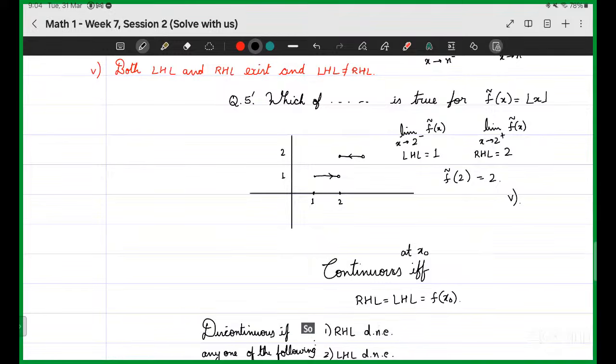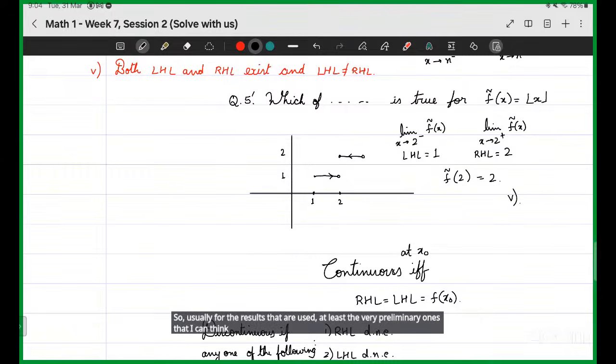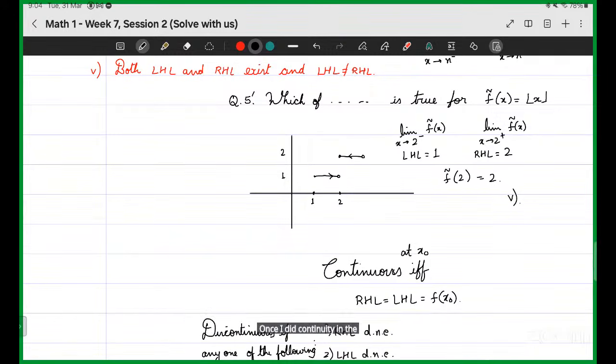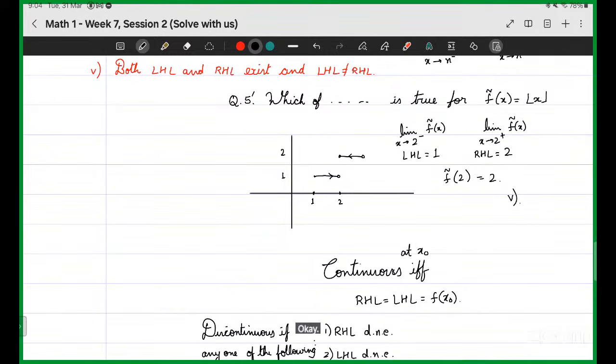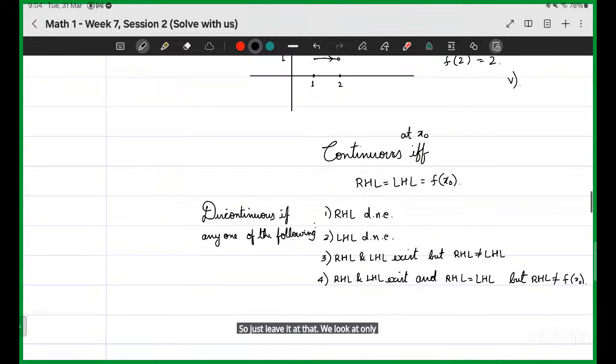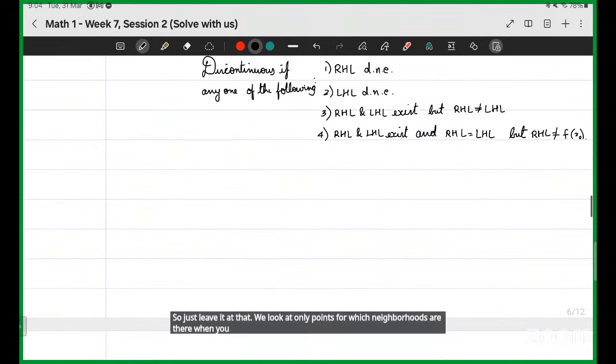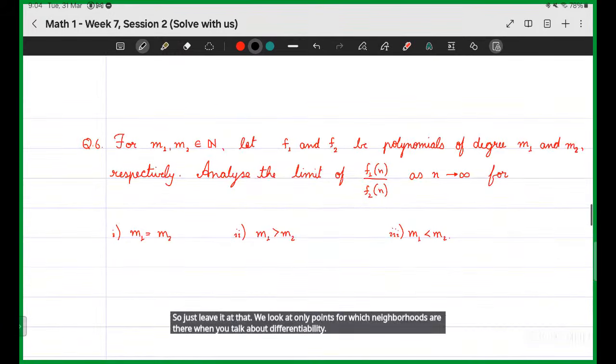So usually for the results that are used, at least the very preliminary ones that I can think of, you would say one-sided continuity in the closed interval and differentiability in the open interval. You don't talk about differentiability at endpoints. So just leave it at that. We look at only points for which neighborhoods are there when you talk about differentiability. Okay, sir.